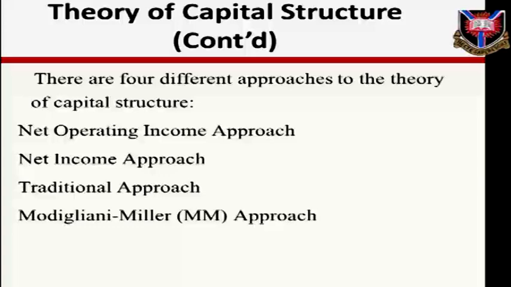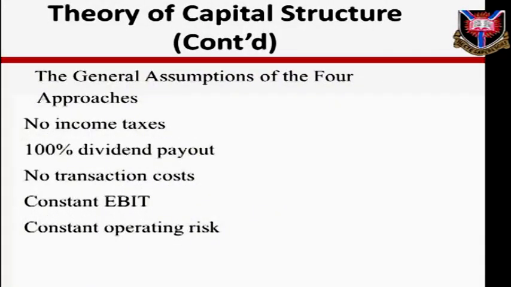4. Modigliani-Miller approach. The general assumptions of the four approaches: 1. No income taxes. 2. 100% dividend payout. 3. No transaction cost. 4. Constant EBIT. 5. Constant operating cost.